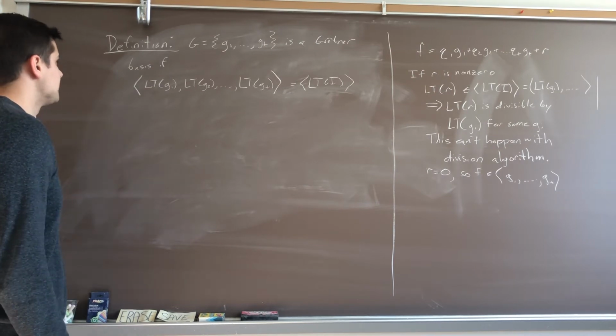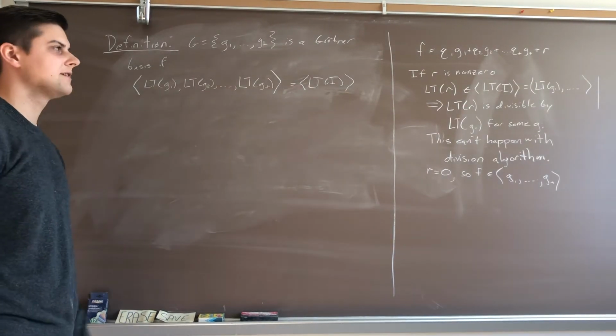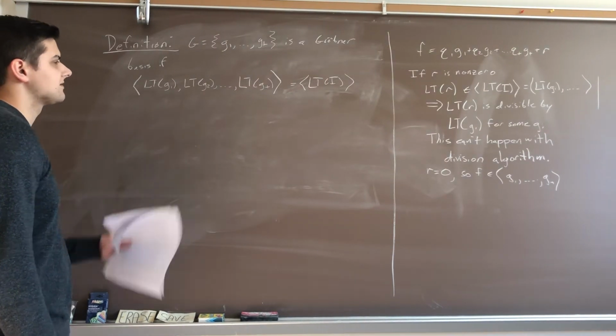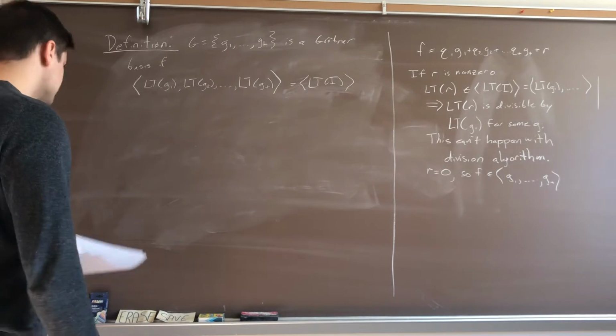So this is the definition that we're going to be using for Gröbner bases, but we haven't actually shown that something that satisfies this property is a basis at all. So first we're going to try and do that.